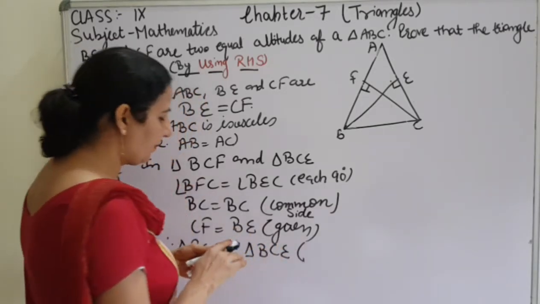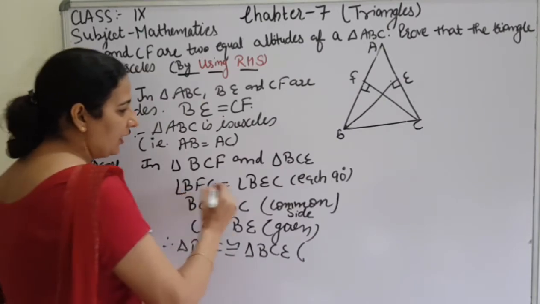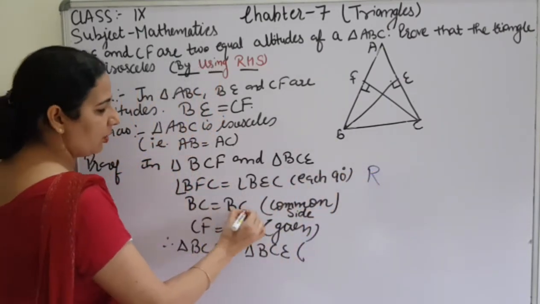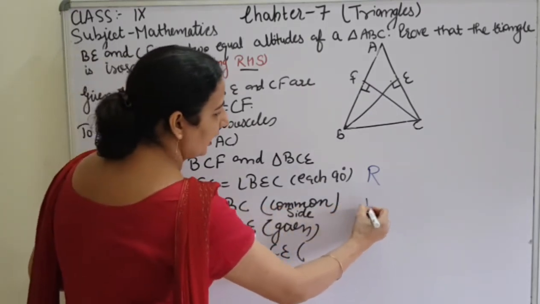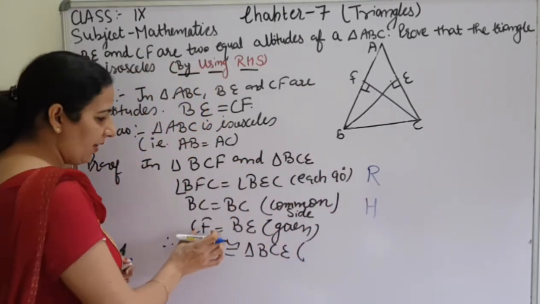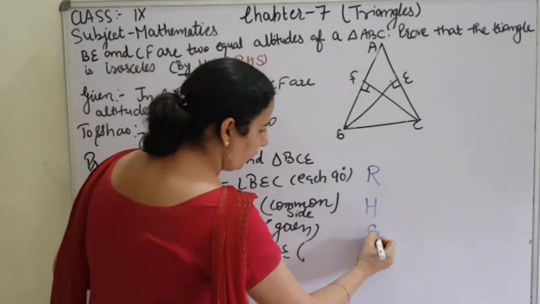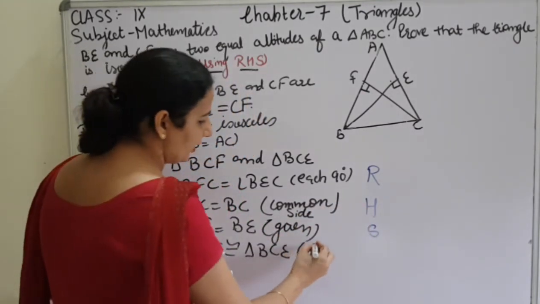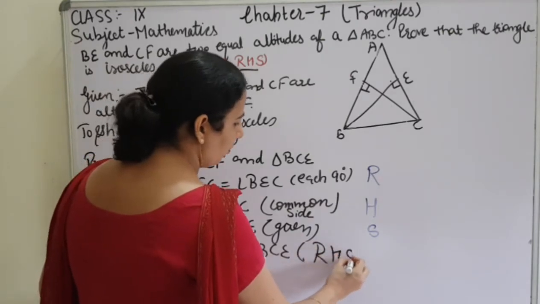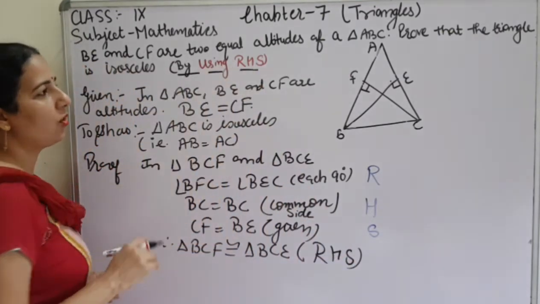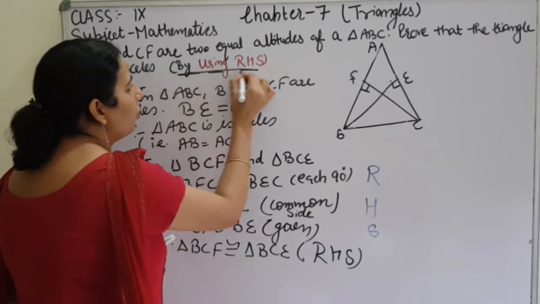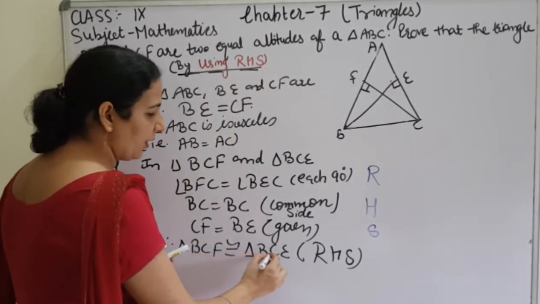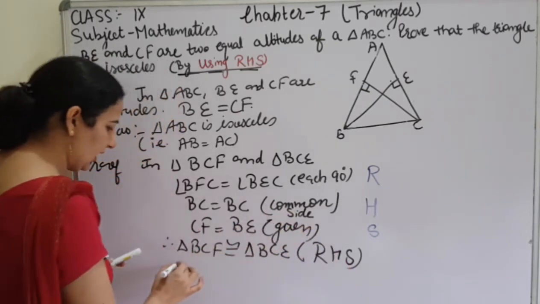This is the 90-degree angle, the right angle. BC equals BC, the common side, which is the hypotenuse. And one more side is also equal. Which criteria have we used here? We have used RHS. According to the question, we have to use RHS only. Just because of this rule, the question is very important. So BCF is congruent to BCE by using RHS.